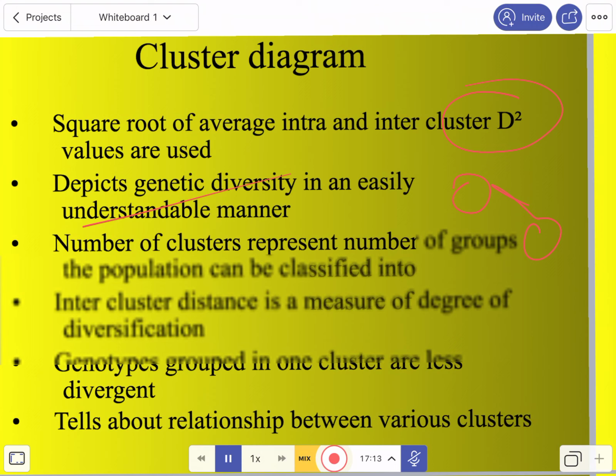The distance between two clusters measures the degree of diversification. The greater the distance between two clusters, the greater the divergence. If genotypes fall in the same cluster or in closely related clusters, then they are considered less divergent genotypes. So the cluster diagram gives information about the relationship between various clusters.